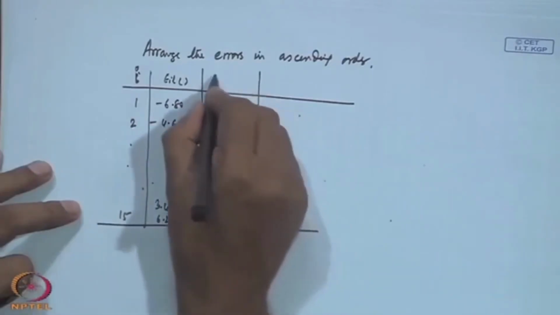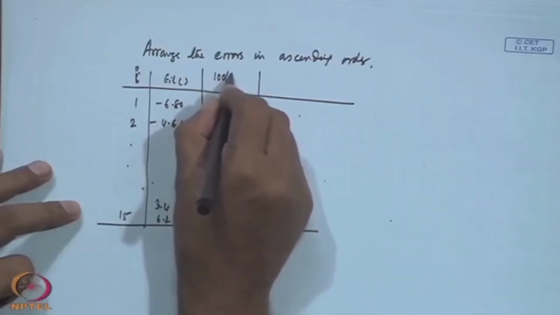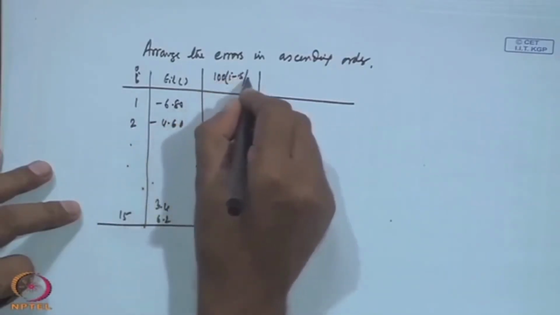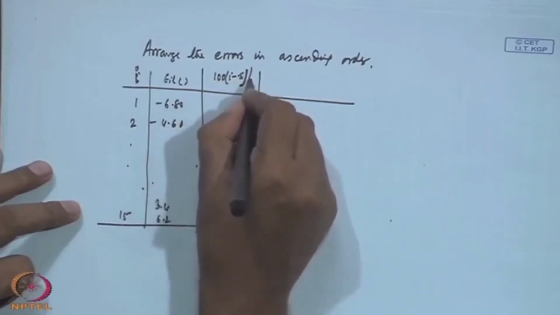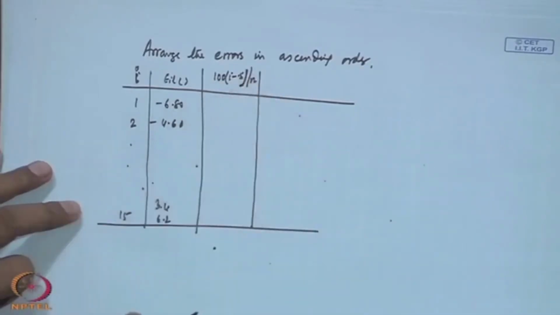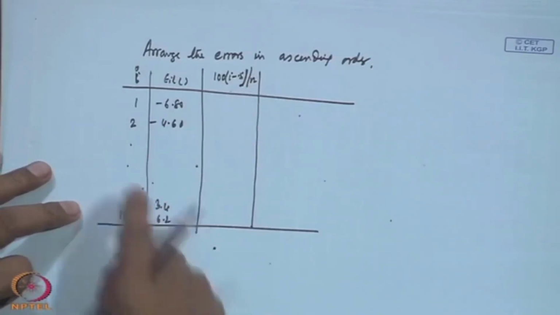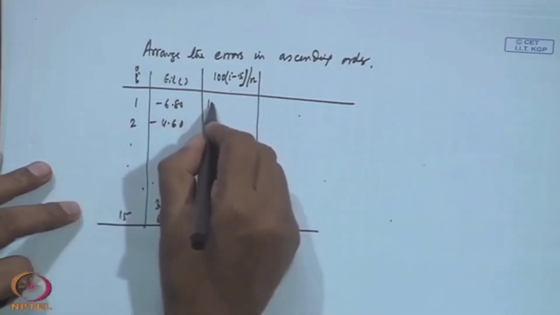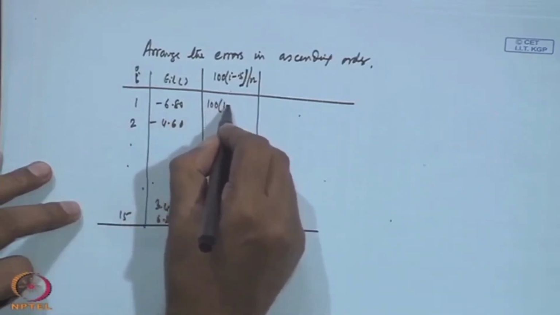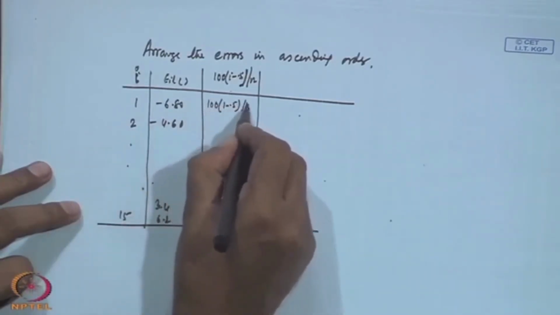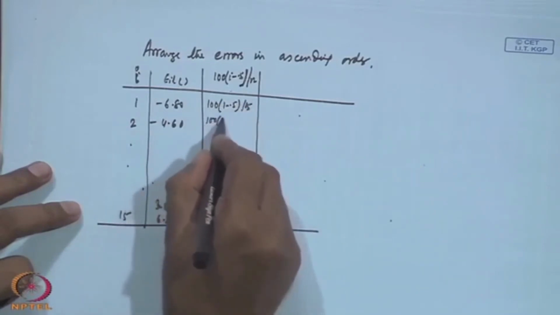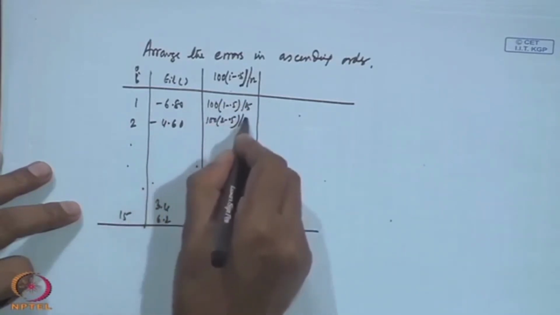What is required to be written here? 100 into (i minus 0.5) by n. So it is 100 into (1 minus 0.5) by 15, 100 into (2 minus 0.5) by 15.